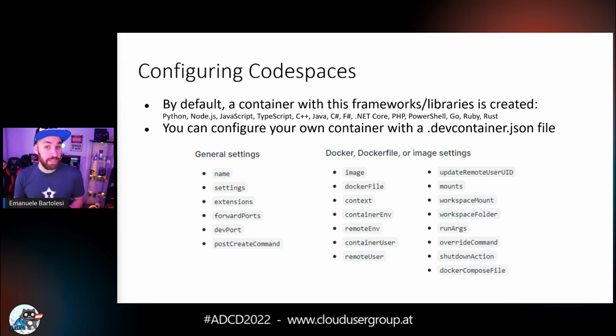Or you can also configure the settings of the default extensions that you want. For example, if you use Codespaces for SharePoint Framework, maybe you need extensions for SharePoint Framework. But if you work on a .NET project, you don't need them. So what you can do is go directly to the extensions section of your dev container file and add the extensions, and those extensions are alive only in that container.